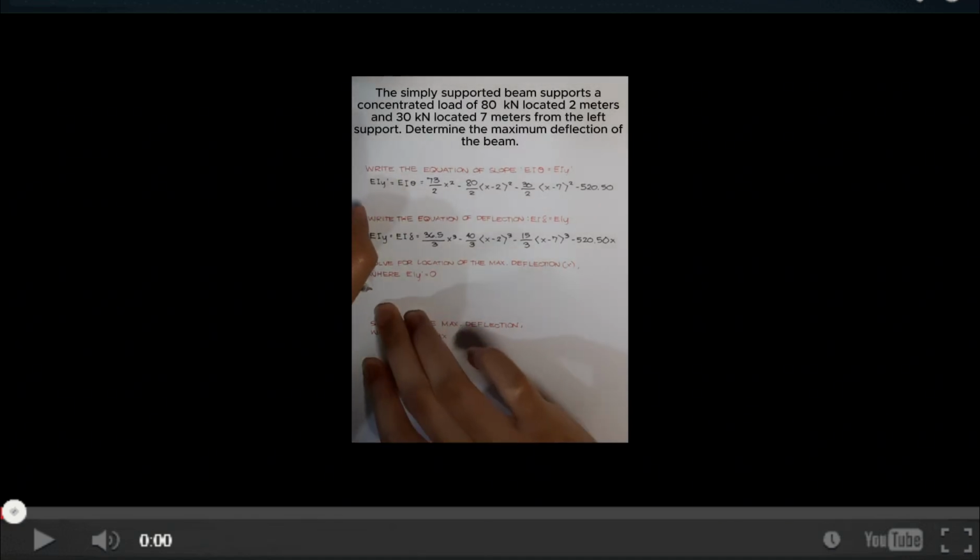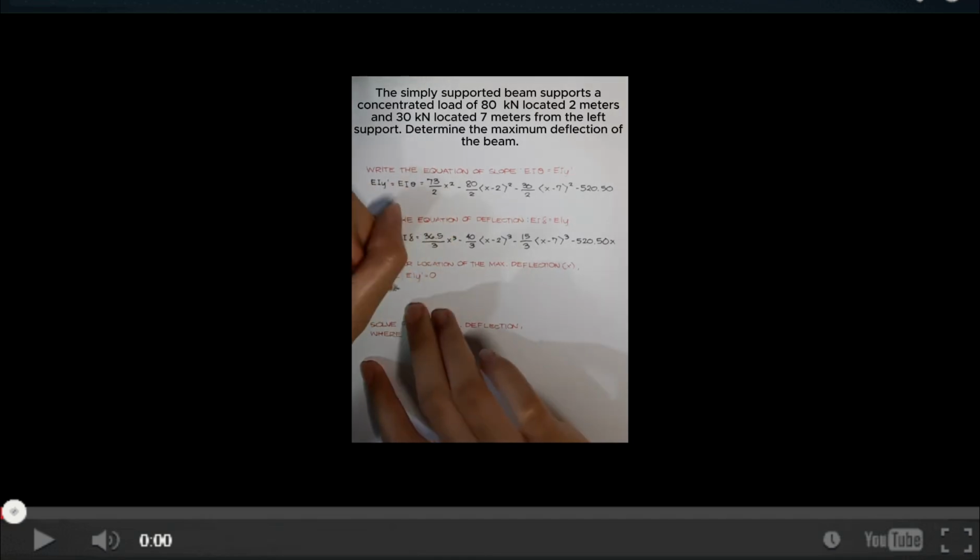Next, isusolve naman natin yung location of the maximum deflection or the x. So, for here, gagamitin natin yung equation of the slope. Just rewrite 73 over 2.